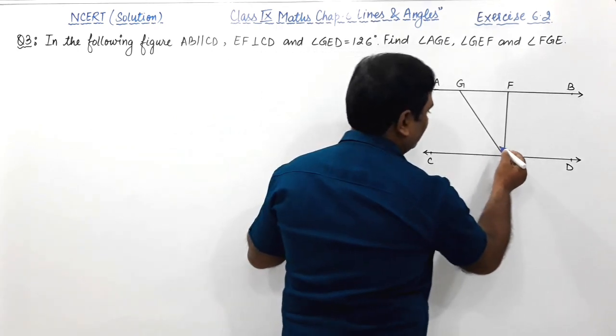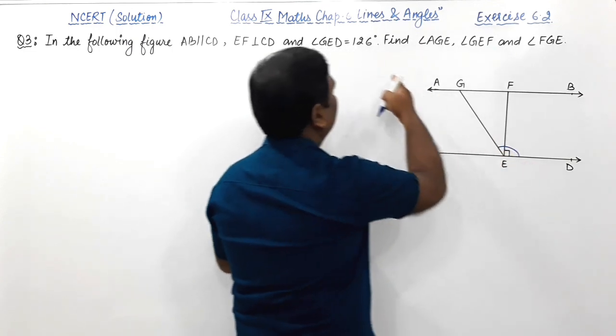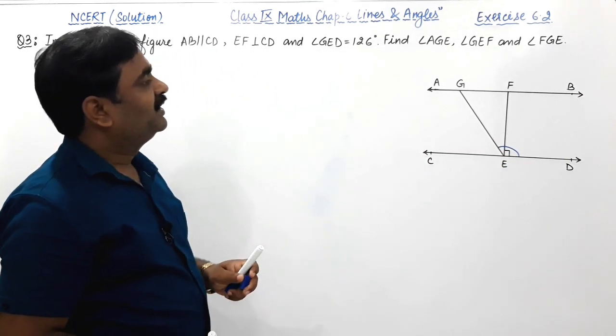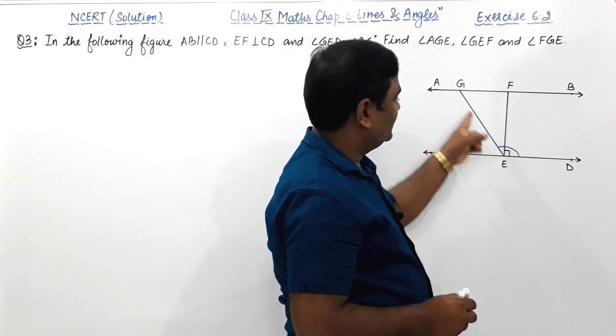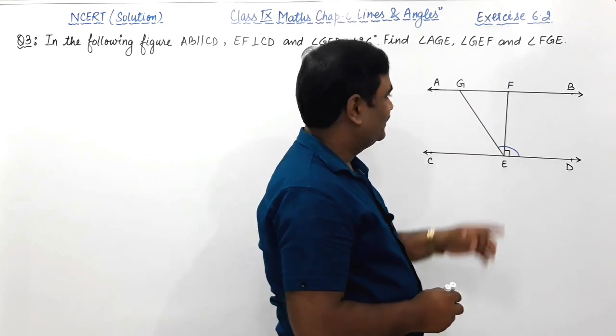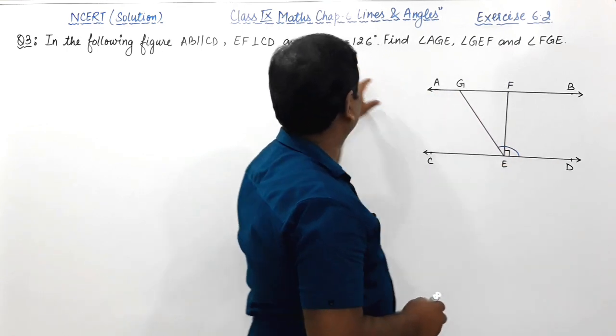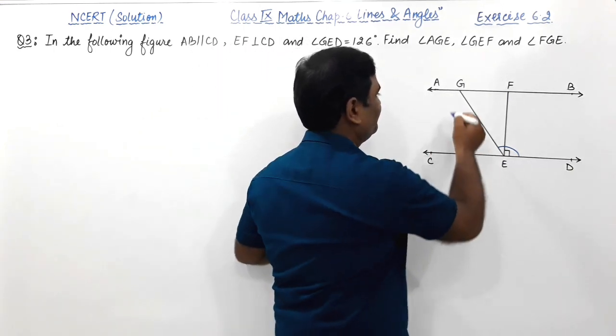this angle is given, measure angle GED is equal to 126 degrees. Then find measure angle AGE. AGE we have to find out. GED is given. AGE we need to find means this angle.